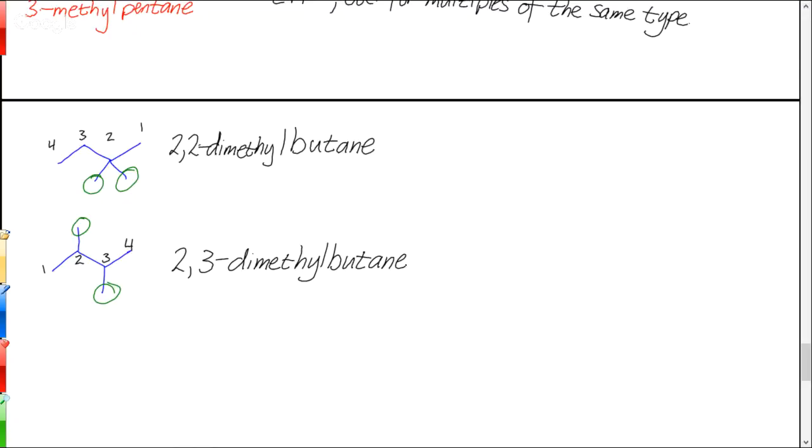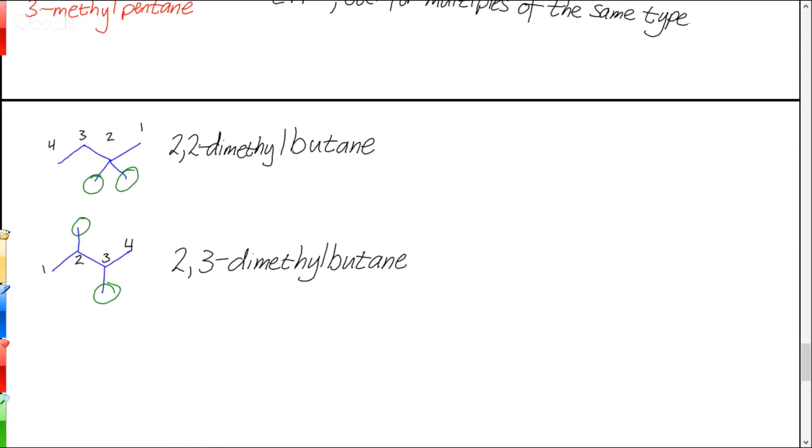And this one we've got 3 substituents. So you have a methyl group here, a methyl group here. That's 2 methyl groups on 3. But then down here on 4, you have this larger group coming off. What's that substituent called? That's ethyl. So that's a 2-carbon group. That's like if that were just a molecule, that would be ethane. But because it's 2 carbons coming off of something, it's ethyl.